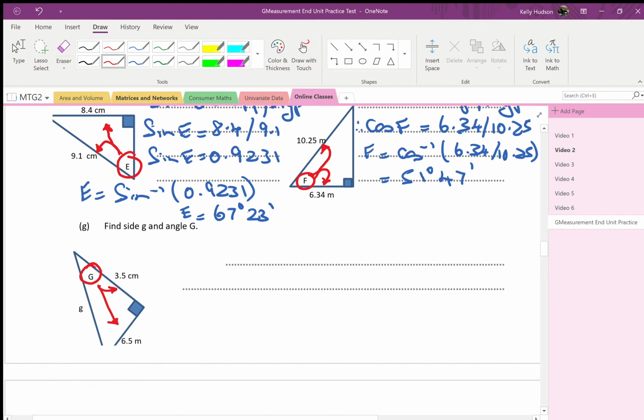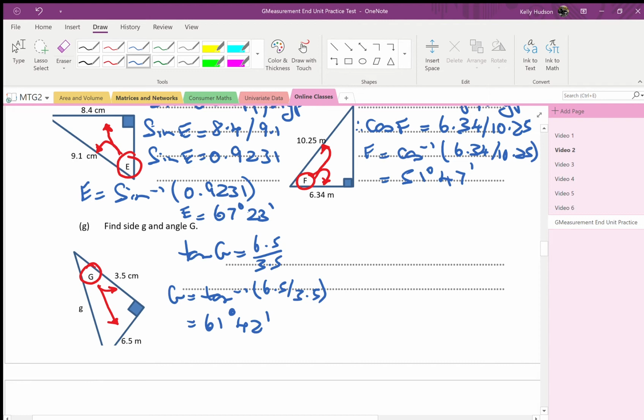So I'm going to use tan to find the big G value. So tan of big G is equal to my opposite 6.5 divided by 3.5. So G is tan to the minus 1 of 6.5 divided by 3.5. I'll put that in my calculator. 61 degrees and 42 minutes.